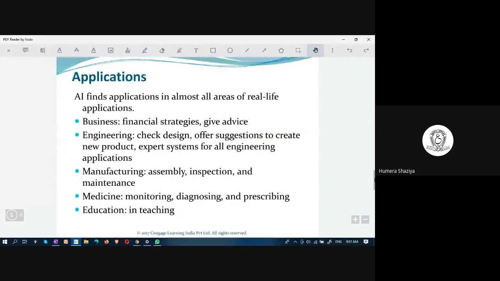What are the applications? We see applications everywhere in business, financial strategies to give advice, stock market prediction, engineering, manufacturing, medicine, education. Everywhere we are using AI applications.